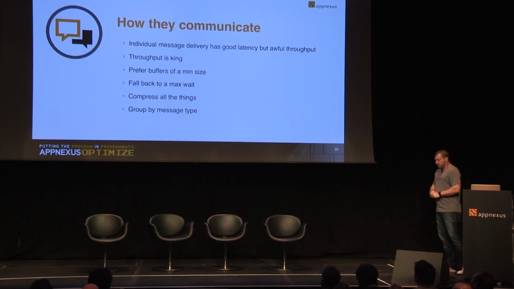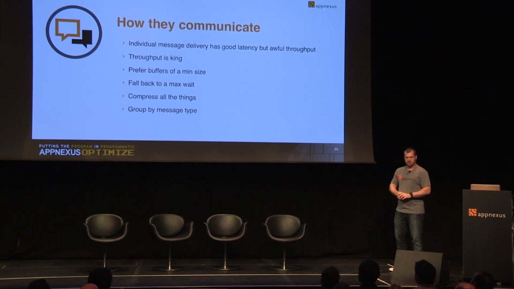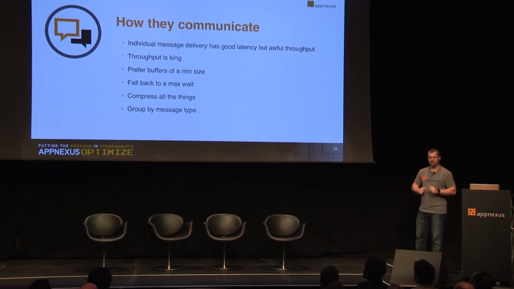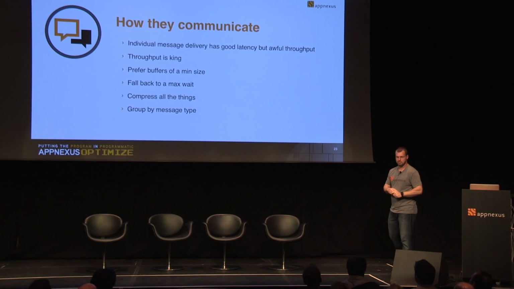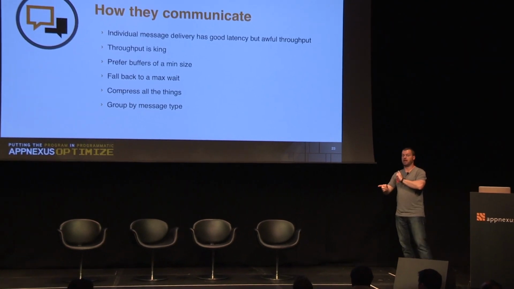If we really wanted to solve the latency problem, we would do individual message delivery. We would fire them off, get acknowledgement for every one, and they would be extremely low latency, as close as we can get to wire speed. But that has pretty bad throughput when you have to wait for acknowledgements for every message sent. So we don't do that.